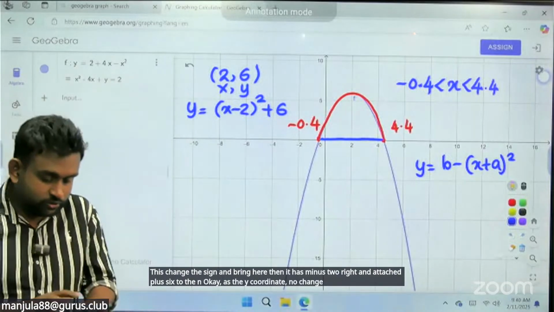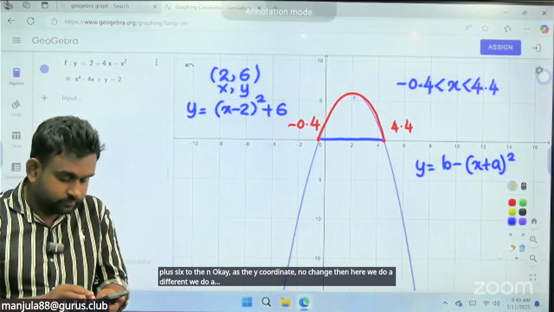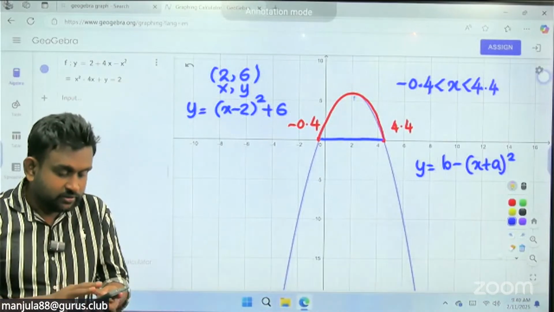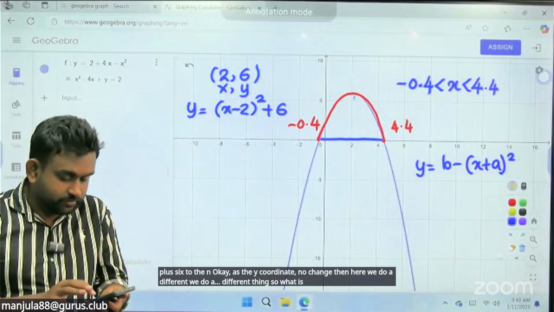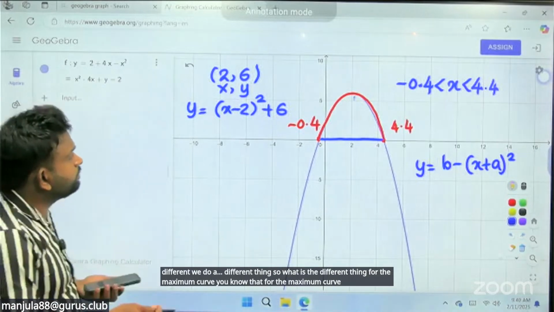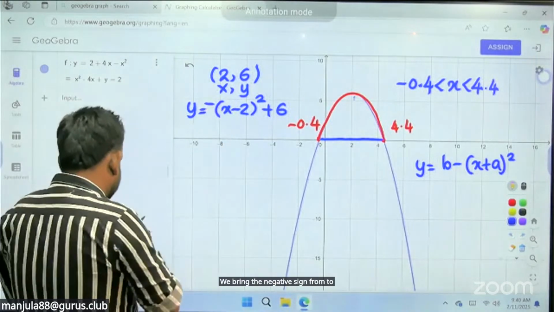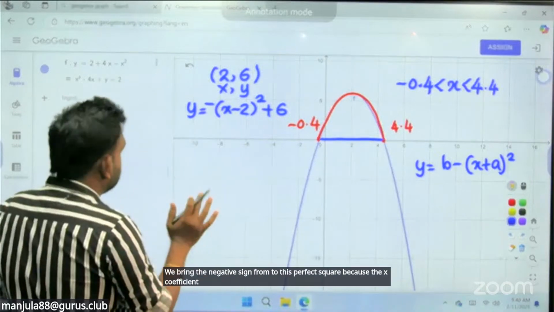Then here we do a different thing. What is the different thing for the maximum curve? For the maximum curve, we bring the negative sign in front of this perfect square because the x coefficient should be negative.